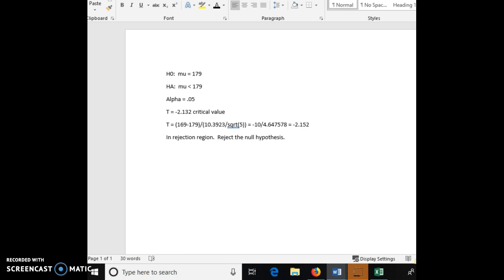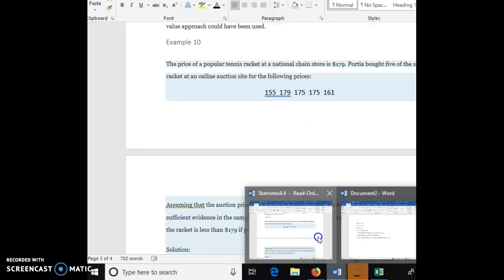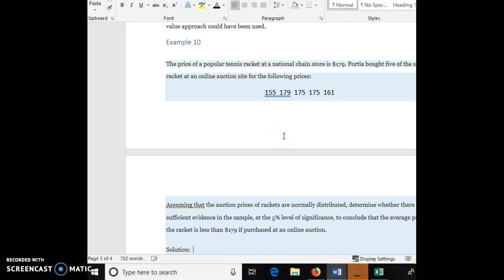All right, so let's state our conclusion. There is sufficient evidence to reject the null hypothesis. And since we're using the very first method we have, we'll state our alpha value. In this instance, it meant that online you could get this product, what was this product? Tennis racket, for less than 179.